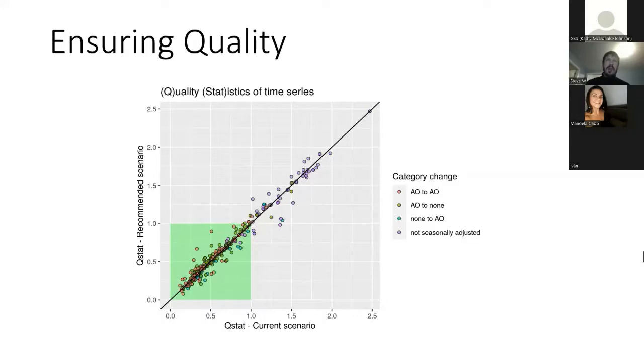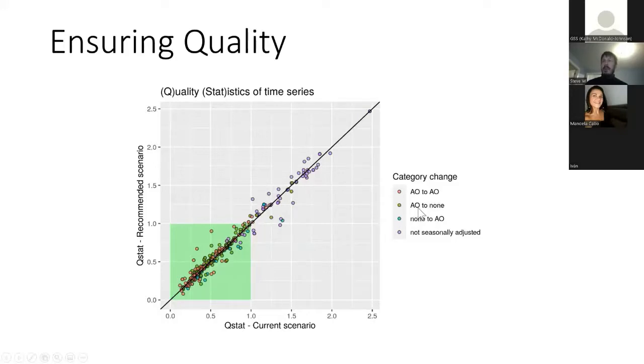You don't see anything in the upper left-hand quadrant, so nothing that was acceptable but then not with the automatic choice. I've also labeled the dots. If a series had AOs in it before and after, it would be AO to AO.